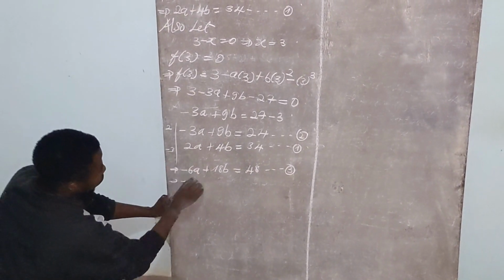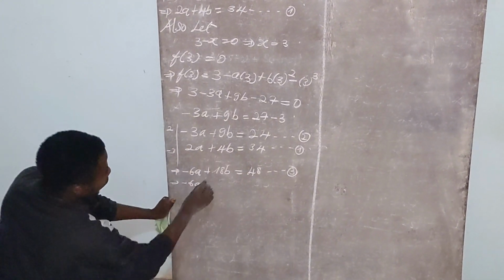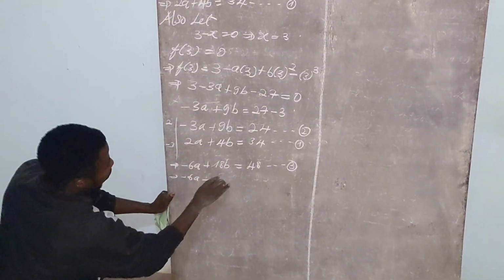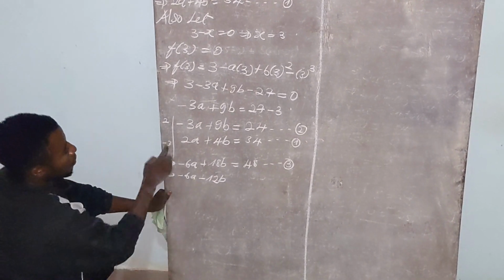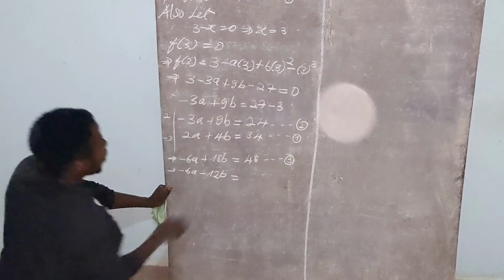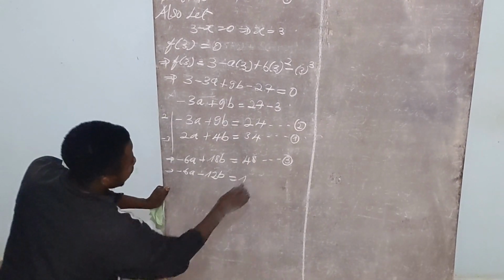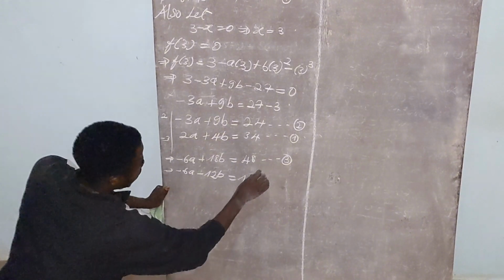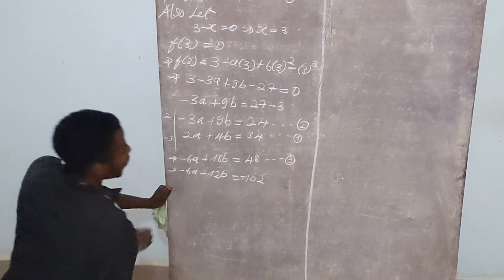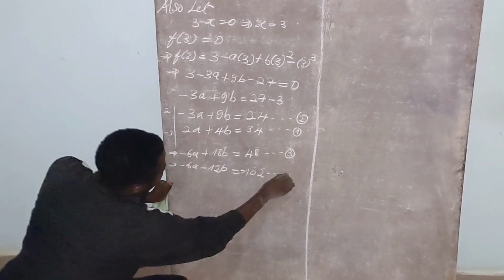This time this will give minus 6a. Minus 3 times 4 will give you minus 12b. You take minus 3 and this value here, you are going to have 102, will be negative, so negative 102. So this is equation 4.